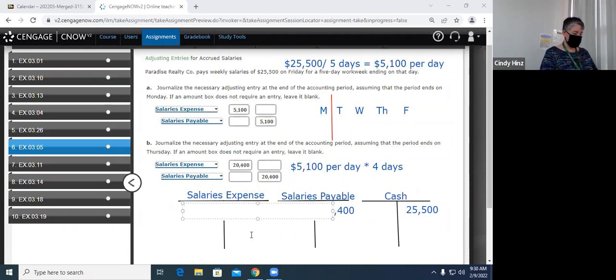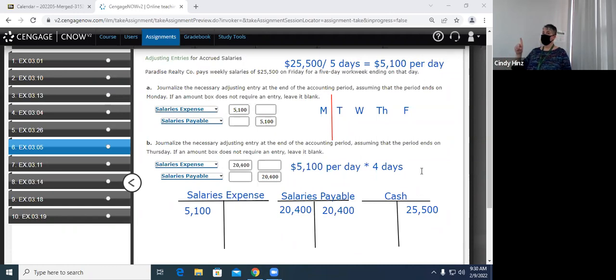And the rest, the other $5,100, gets recorded to salaries expense. And so for the current month on Friday, now those financial statements are showing just 1 day worth of salaries expense. But we still paid our employees for the full week on Friday.